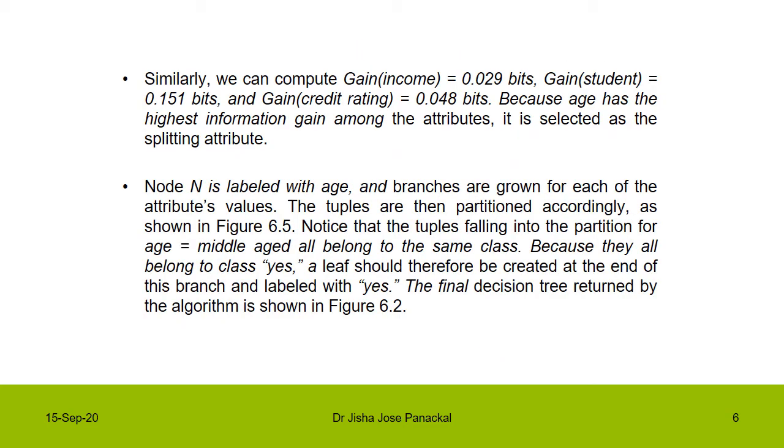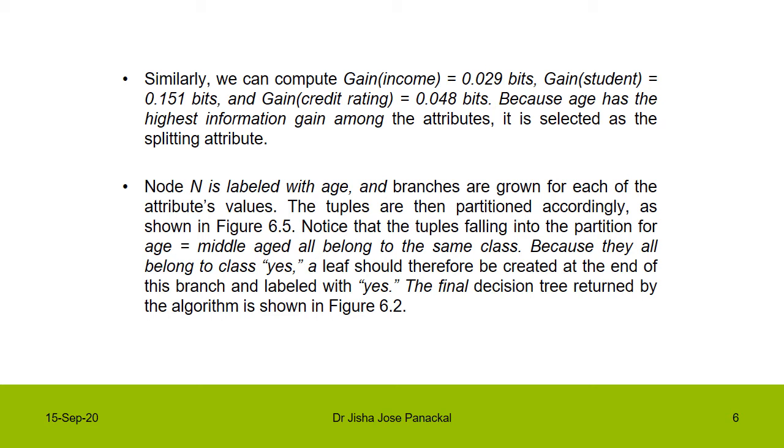Similarly, we can compute the gain of other attributes, that are income, student, credit rating, and if we have more than these attributes, we can calculate the gain value of each and every attribute, and we have to choose the highest information gain attribute as the splitting attribute.